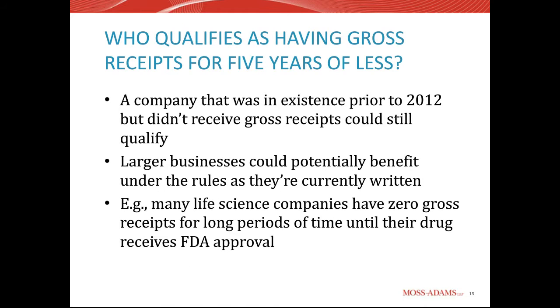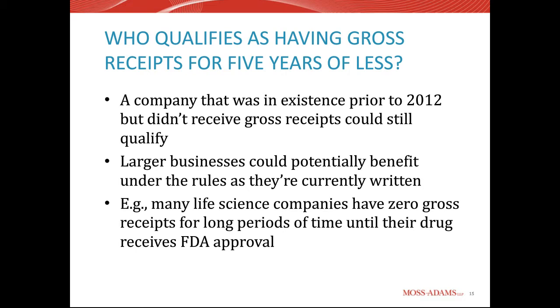So who qualifies as having gross receipts for 5 years or less? Like I mentioned earlier, if you've had gross receipts prior to 2012, then you're not going to qualify. I think that part's pretty obvious. But what happens if you were in business before 2012 and you didn't have any revenues? Maybe you've never had revenues. That's a question that's been coming up a lot.